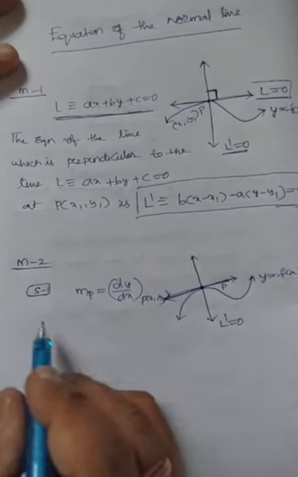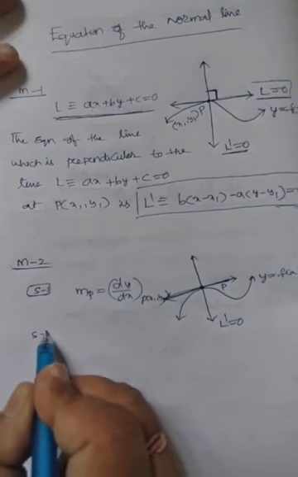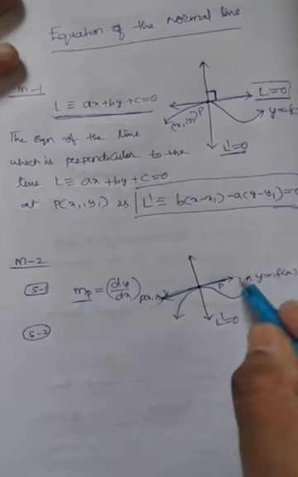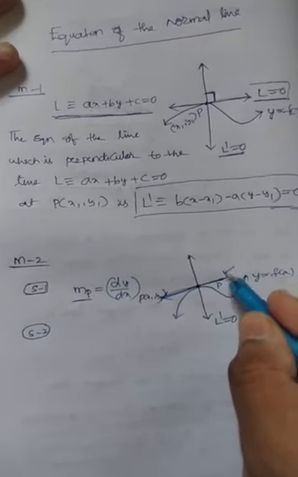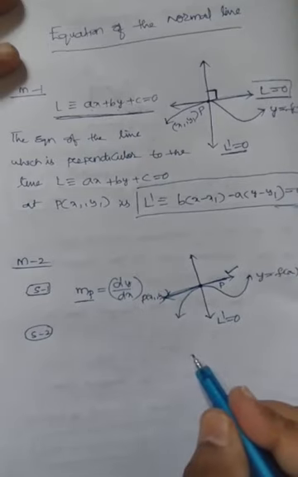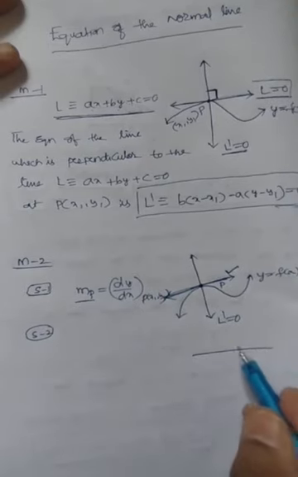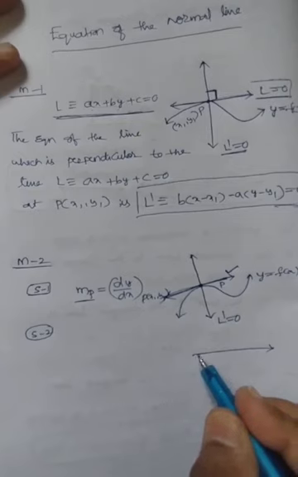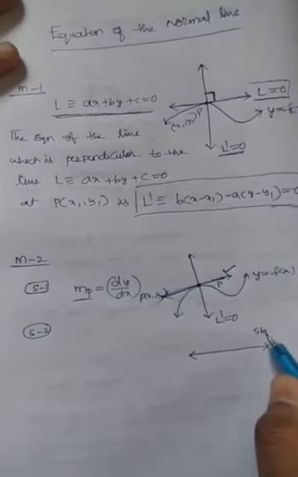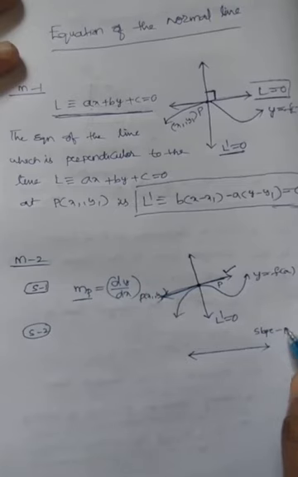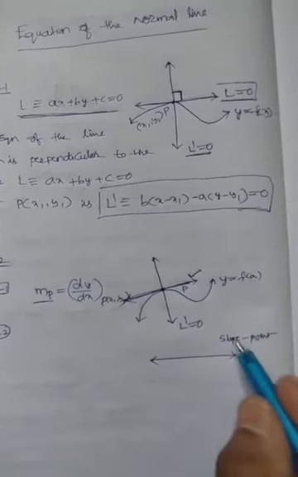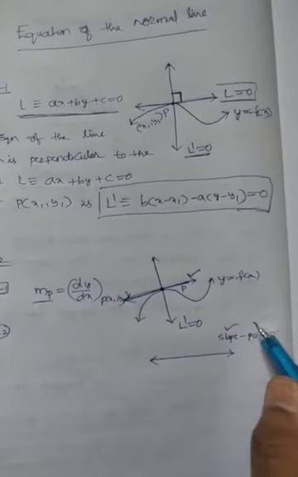Okay, so what is step 2? This is the tangent line slope. As we discussed earlier, when we find a line equation by the slope point method, we require a slope and a point.